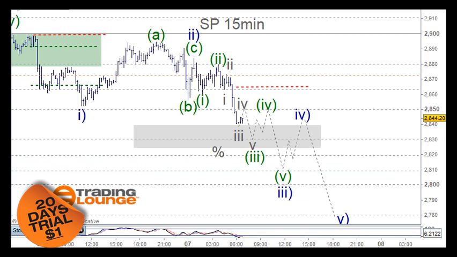So taking a percentage at 28.30 that you're happy with, and that you can keep the stop out of the way up here, whatever that may be.